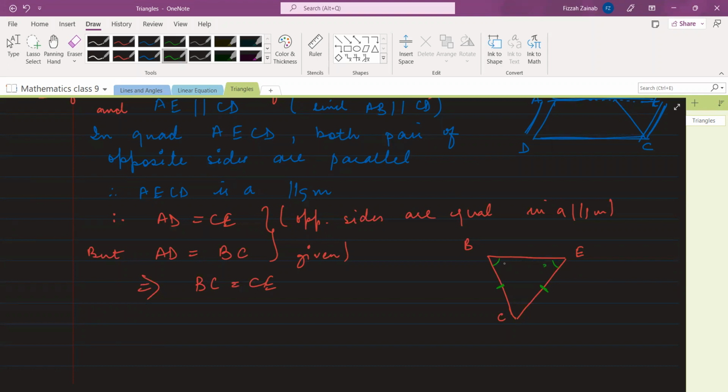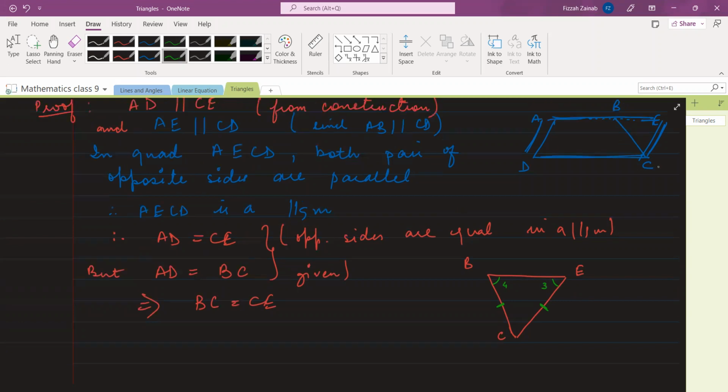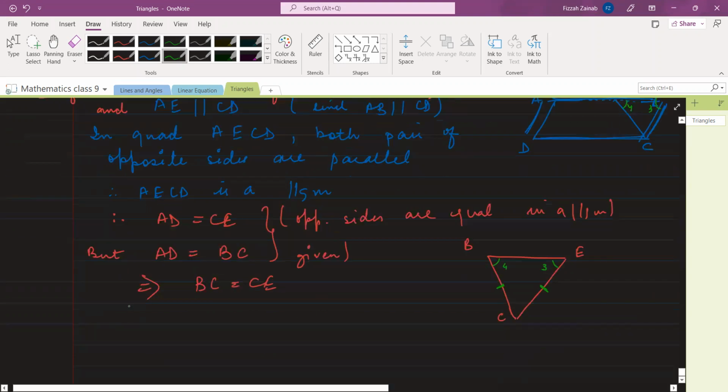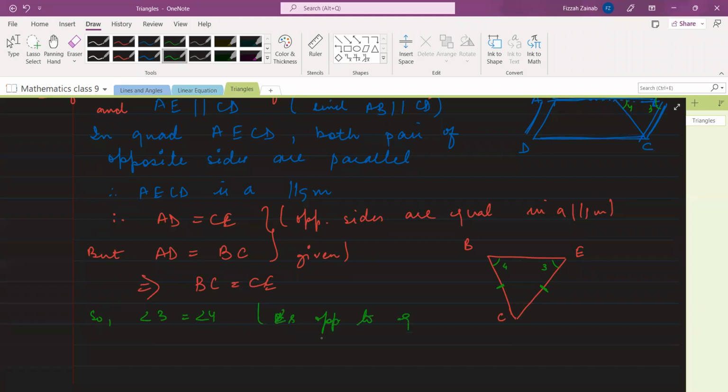If I call this angle 3 and this angle 4, in your figure, this is 3 and this is 4. Understand? So now because the sides are equal, angle 3 is equal to angle 4. Why? Angles opposite to equal sides are equal in an isosceles triangle.